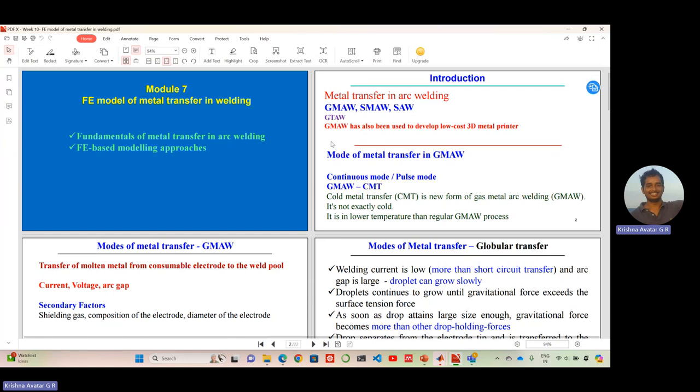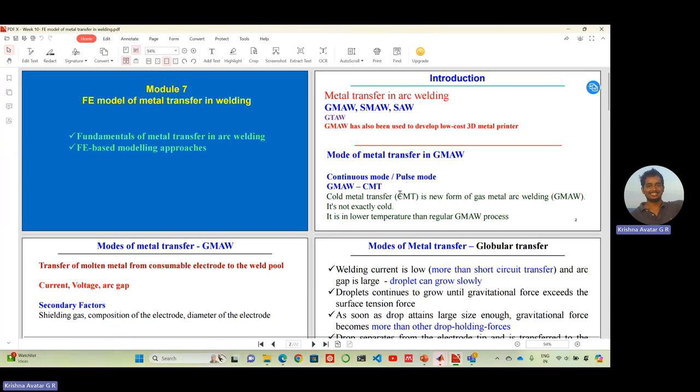So we started with metal transfer in arc welding. The different types are GMAW, which is gas metal arc welding, then SMAW, SAW, and GTAW. GMAW has been used to develop low-cost 3D metal printers, and in GMAW there are two different modes of metal transfer.